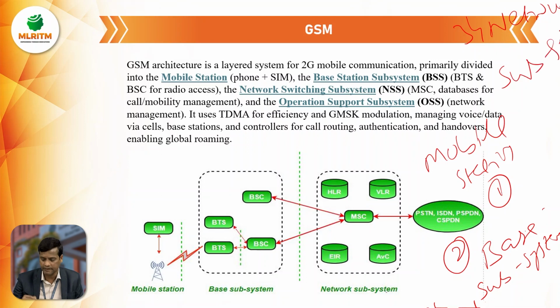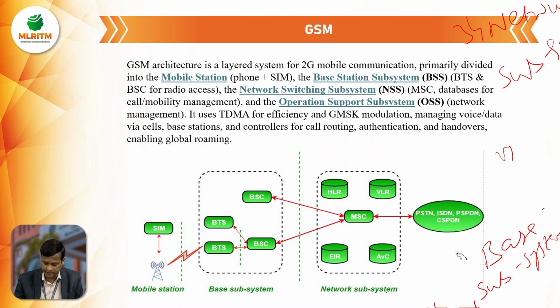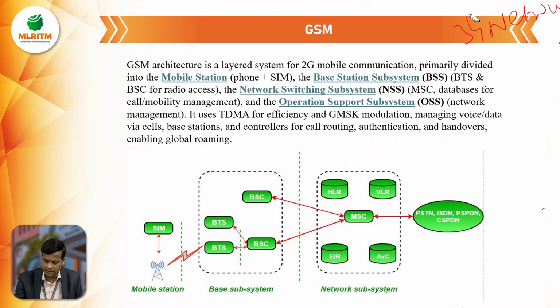So in GSM architecture there are three parts: one is the mobile station, another is the base substation, and the third is the network substation, right? This is the GSM architecture.